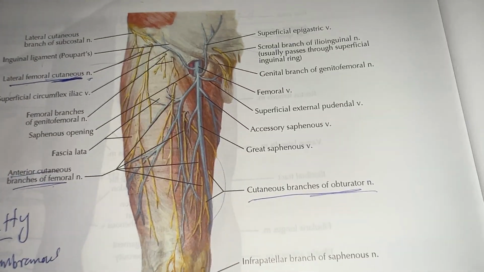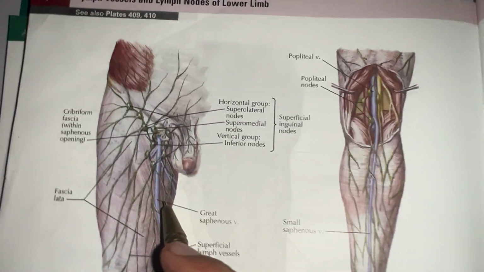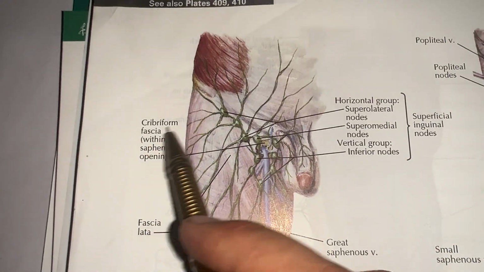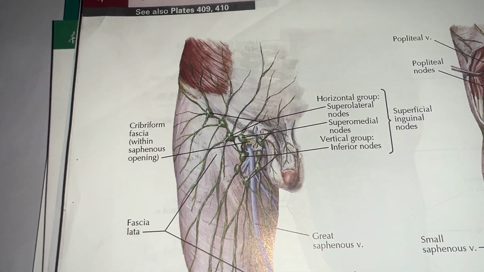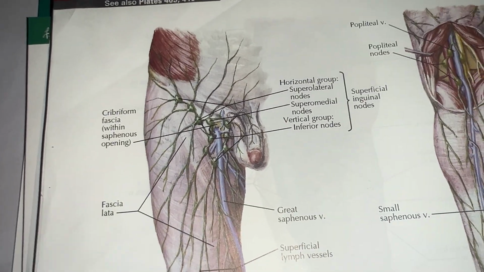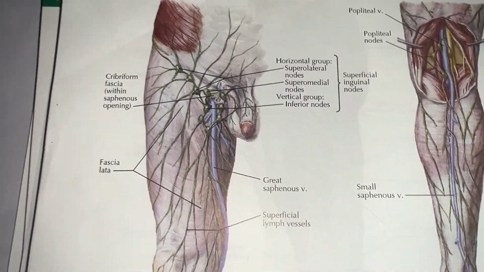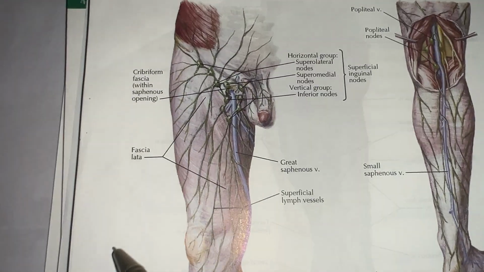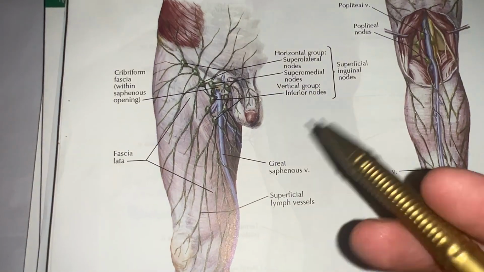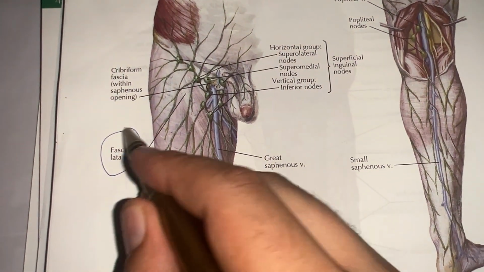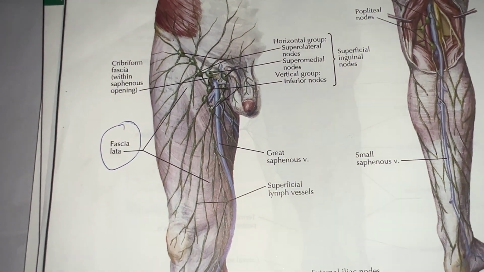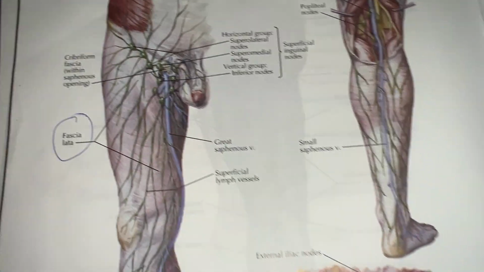The saphenous opening is covered by fascia, which is called the cribriform fascia. The deep fascia of the anterior thigh is called fascia lata.